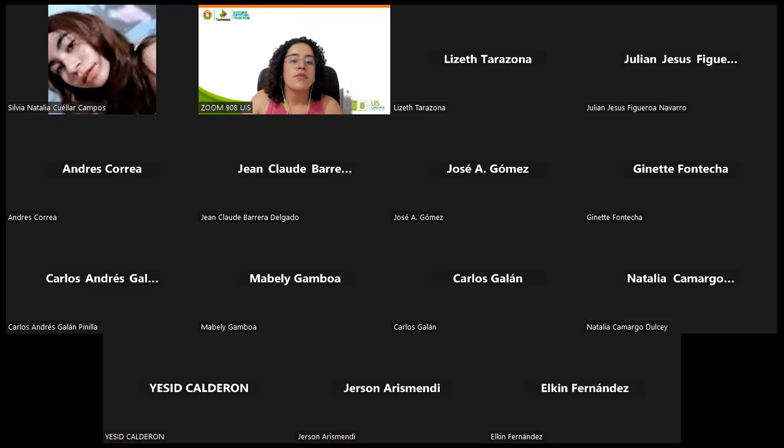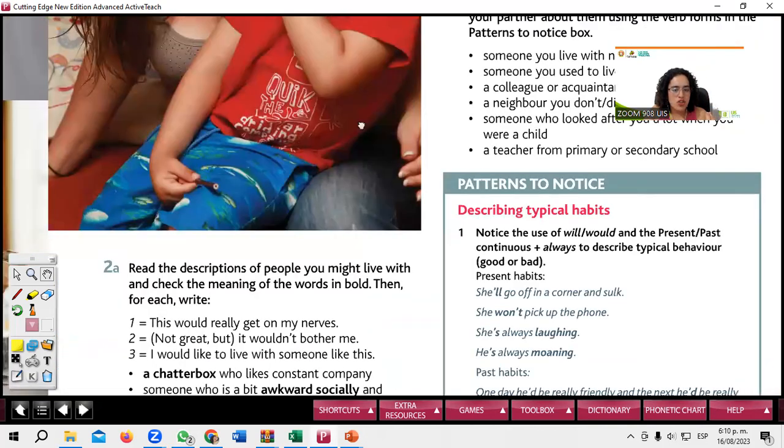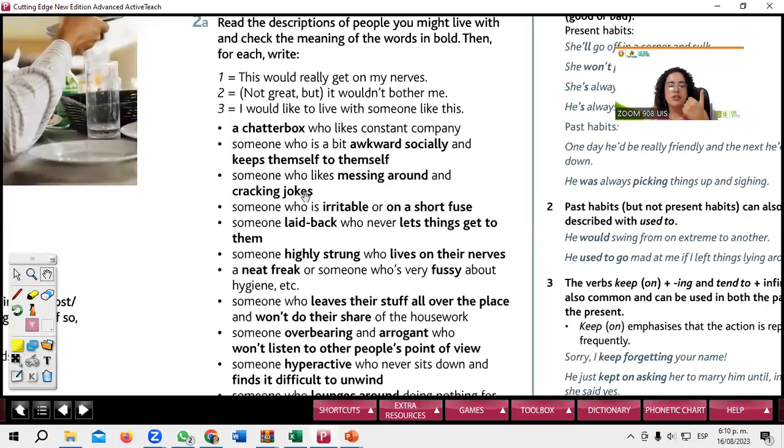Which is the last question? Yes, so we have two questions in the book. First, who are they talking about? Is it their mom, a friend, a cousin, whatever? What characteristics do they mention from this one? A chatterbox, awkward socially, mess around, okay?